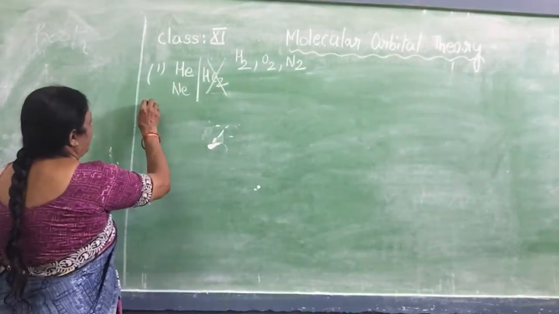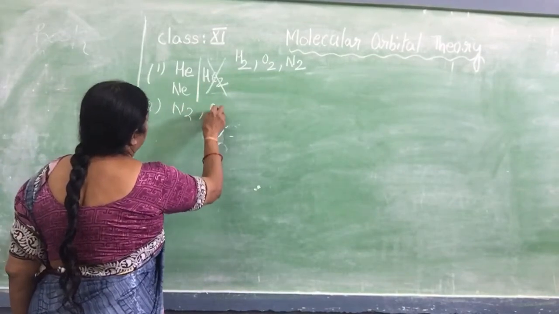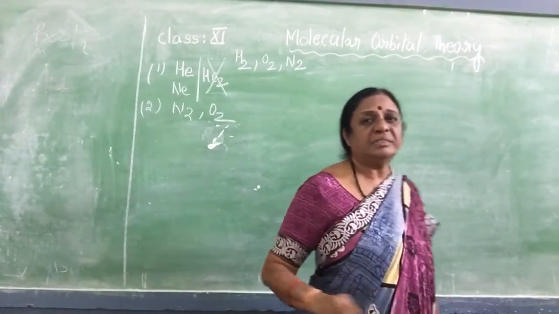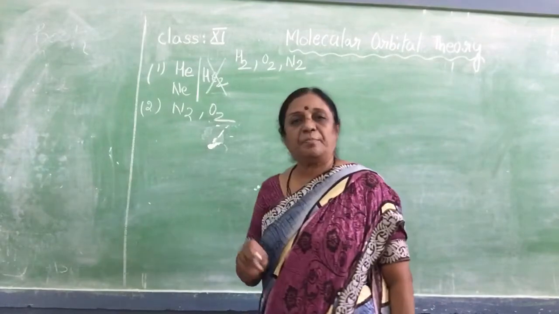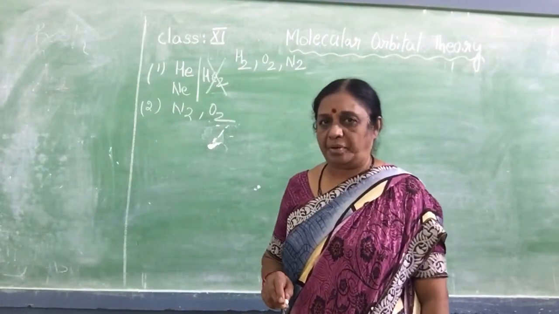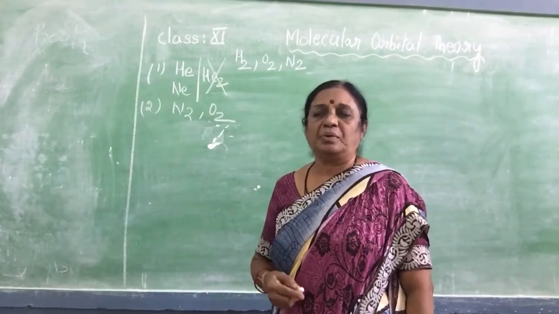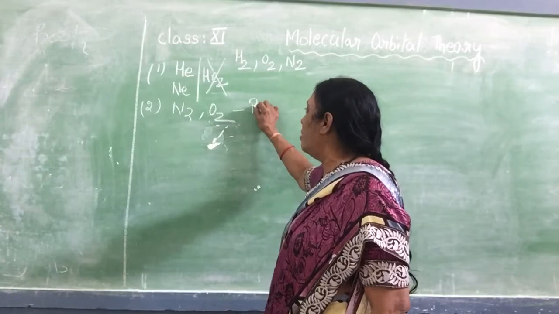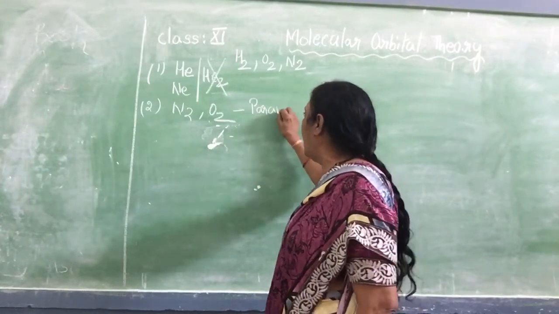The next drawback is, nitrogen and oxygen both are covalent compounds. Oxygen is having a double covalent bond and nitrogen is having a triple covalent bond. In spite of both the molecules having covalent bonds, O2 is paramagnetic.